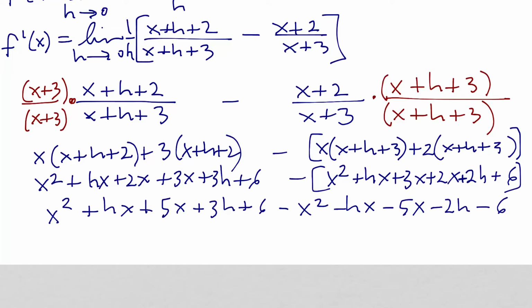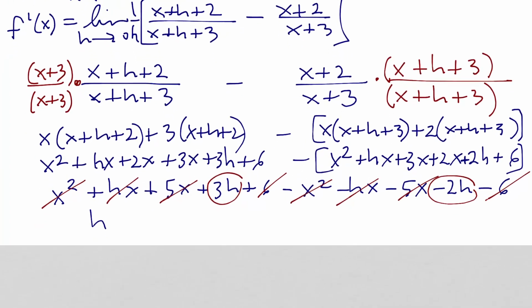All right, let's cancel some. Whatever cancels here, here, here, here, here, and here, here, and here. So I'm left with a 3h. There's a minus 2h. So this all is just h. All right, so that's my numerator.